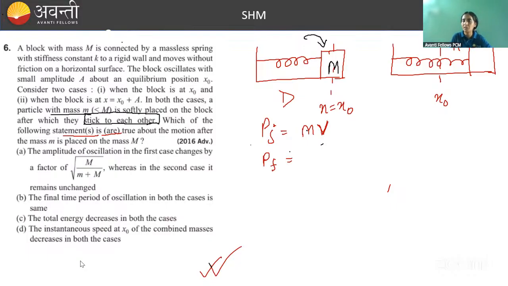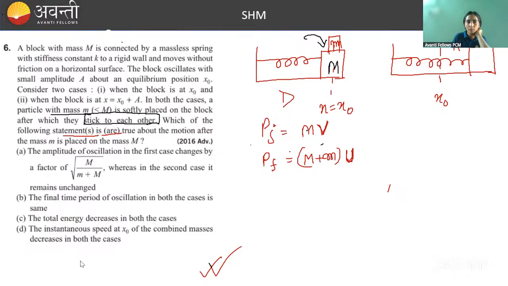Final and initial momentum have to be the same. Why the same? Because no external force is acting and both are getting stuck to each other. Let's say this is a small mass m. These two are getting stuck to each other and moving together. So the final momentum you can write as M plus m into small u. And these two will be equal.